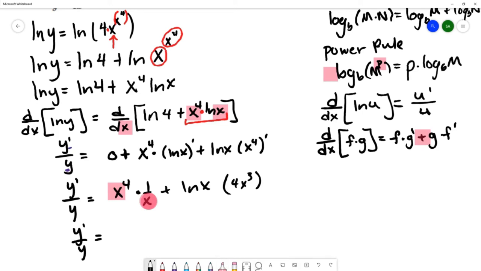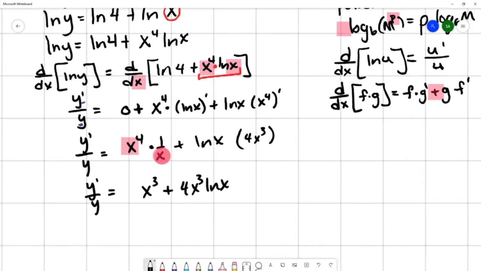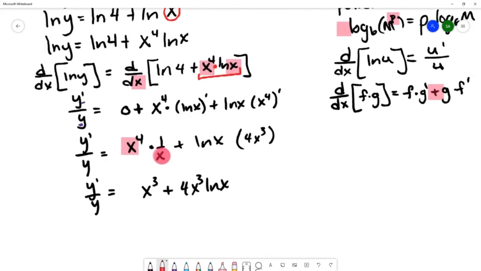So that makes that x cubed plus 4x cubed natural log x. And then the last thing I'd like to do is to solve for the derivative. So I want to multiply by y on both sides, and that will give y prime equals y times x cubed plus 4x cubed natural log x.